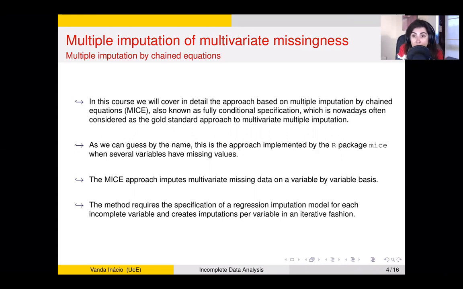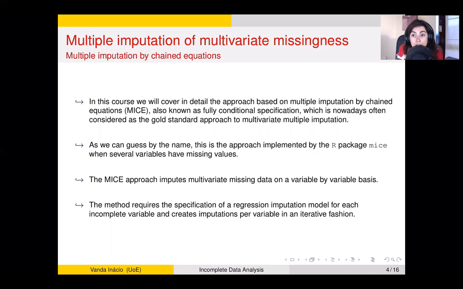And this requires the specification of a univariate regression model for each variable that has missing values. And so we reduce the multivariate problem to several univariate missing data problems.